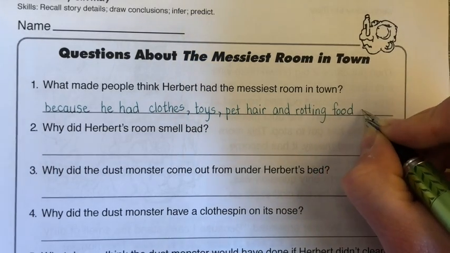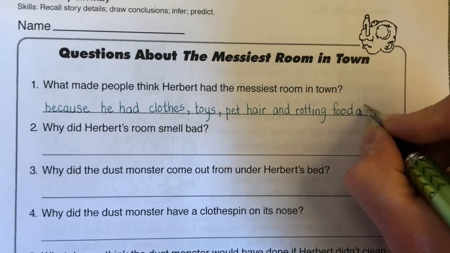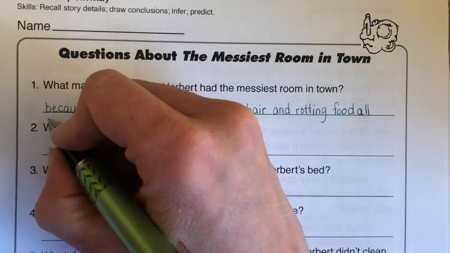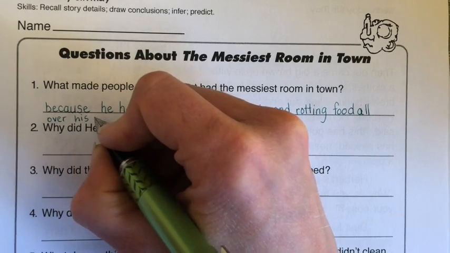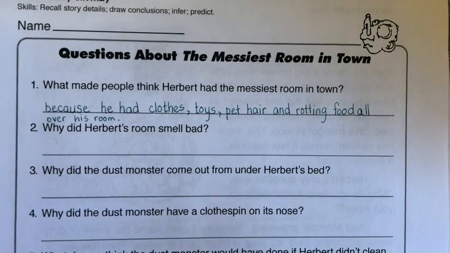In his house, or in his room. All over his room? That sounds better. All over his room. And if I was going to make this a full sentence, I'm just going to show you how you would do that.